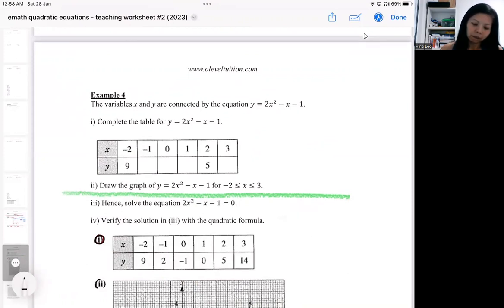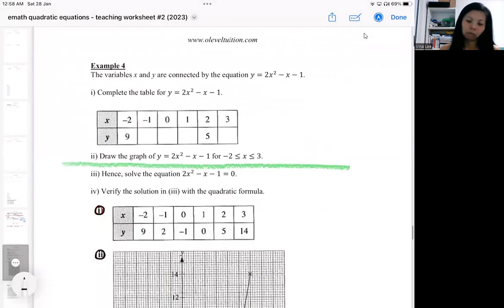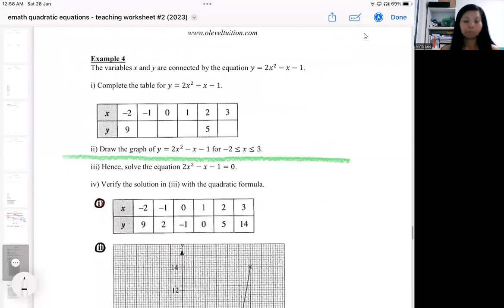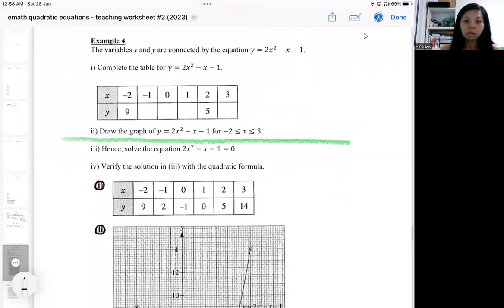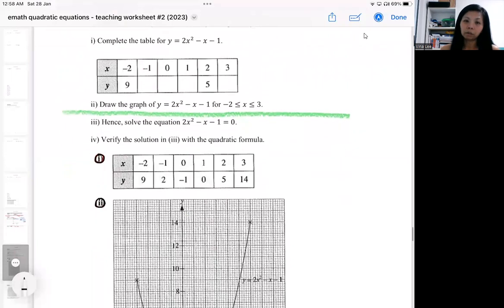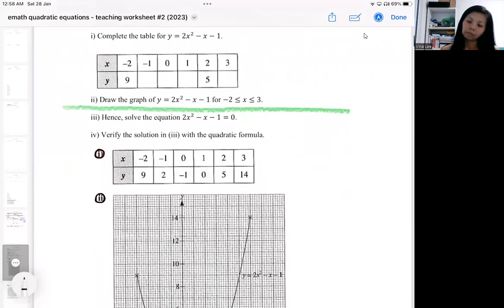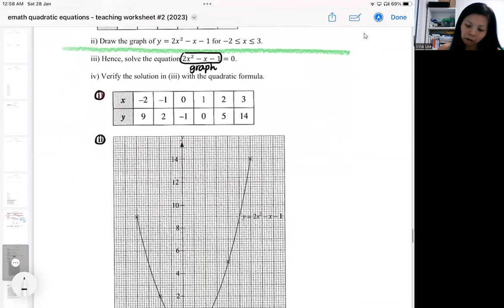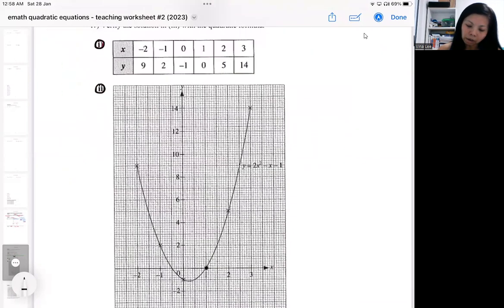I'm also taking it as you know how to do the graph part. Then after the graph, we actually need to solve the equation. This equation is already the graph. So where can you find the answer? You will find the answer on the x-axis.